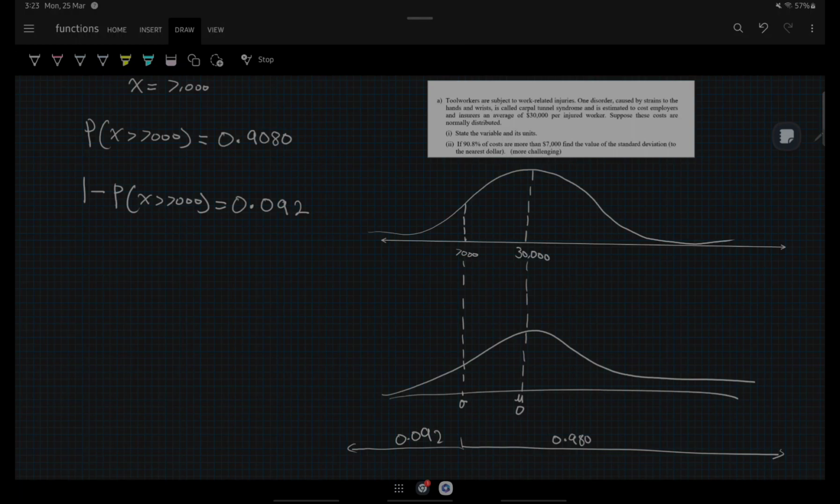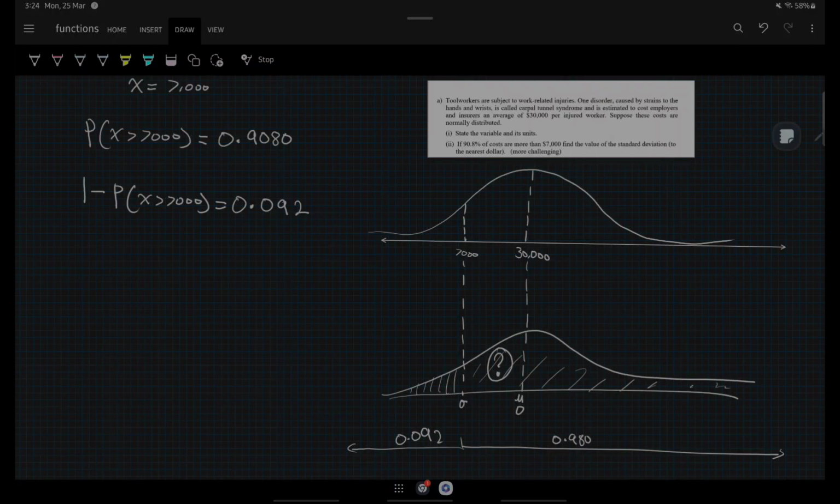So we want to find the standard deviation. But what would help is if we had, so we know this, and we know this, that equals 1. What we need to find is this area here, or at least the z-score that correlates with that area there, to find the standard deviation. How do you go about doing that?